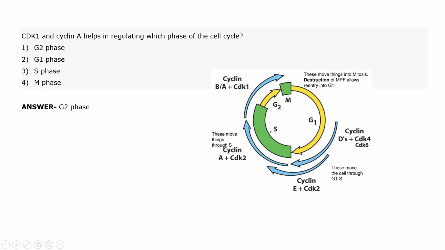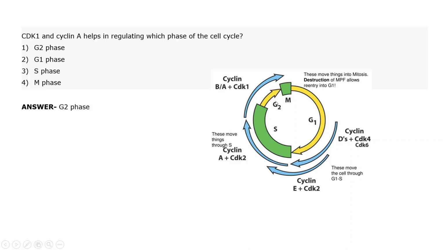It is present at all phases of the cell cycle. However, when the transition needs to happen, either cyclin B or cyclin A needs to interact with CDK1 so that the cell can move into G2 phase and further on to M phase. So cyclin B or cyclin A interacts with CDK1 so that the transition can happen from S phase to G2 phase, and it is found throughout the cell cycle.